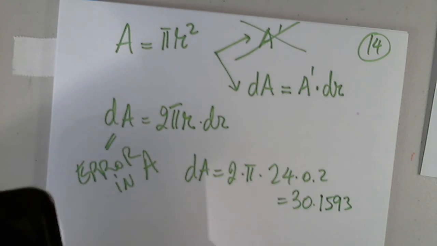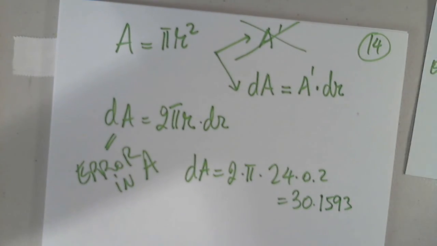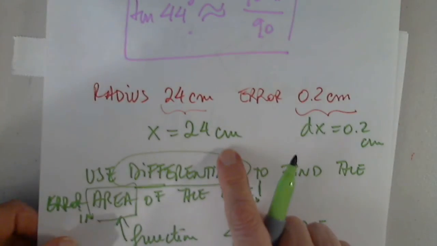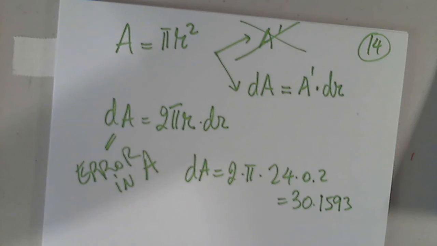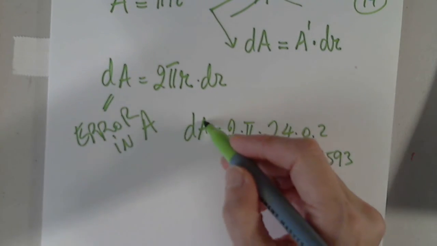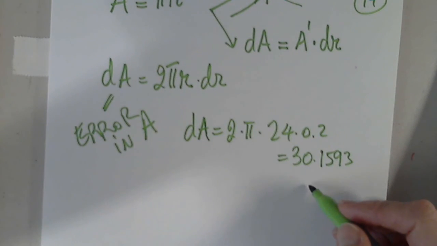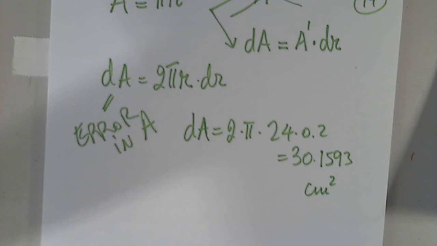Measurement unit: x was measured in centimeters, of course, and dx in the same measurement unit. So, centimeters squared? Very good. So, use differentials to estimate the maximum error in the calculated area of the disk.